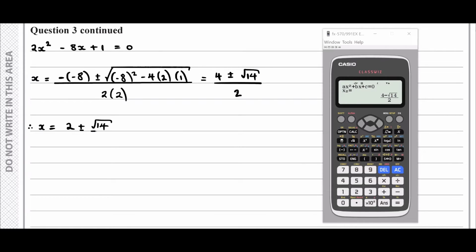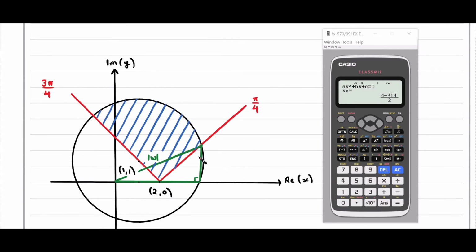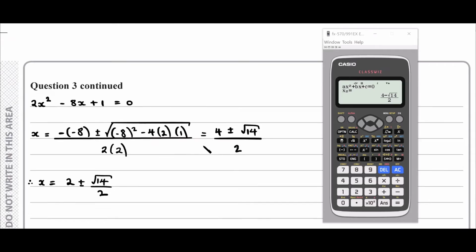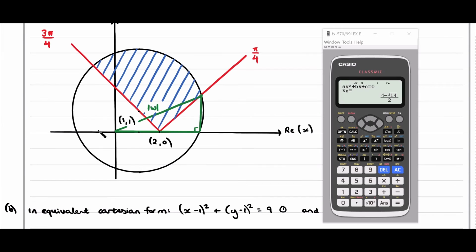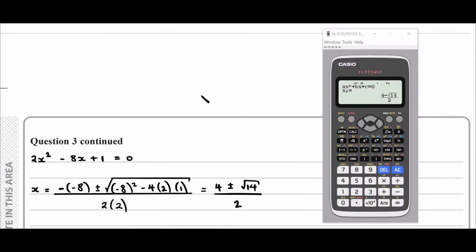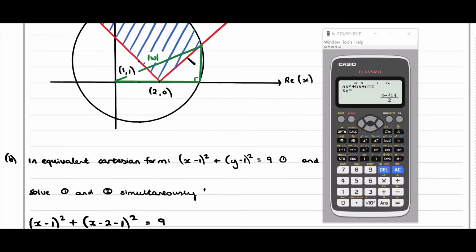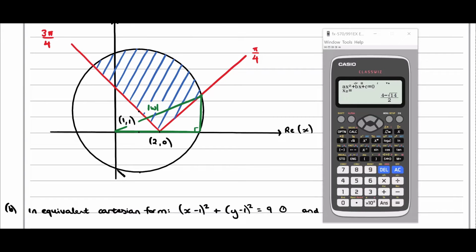Of course, if you go back to the diagram, we want just the positive solution. The reason we want the positive solution rather than the negative solution is that the negative solution would be over here somewhere. Okay?